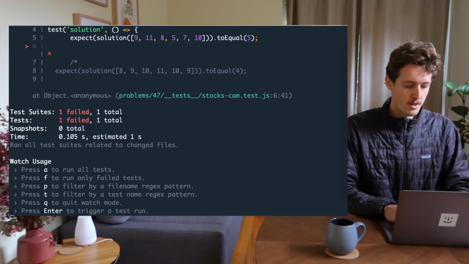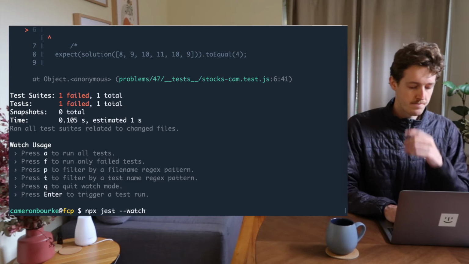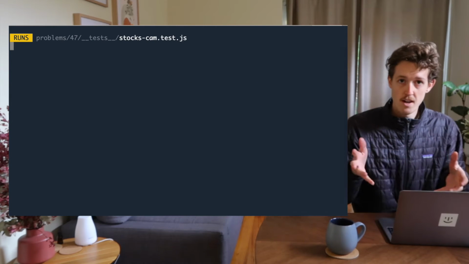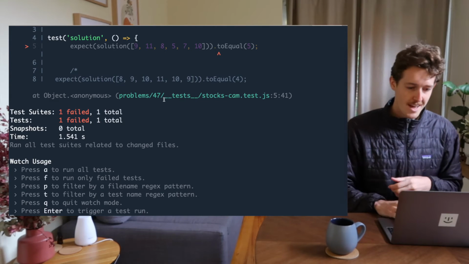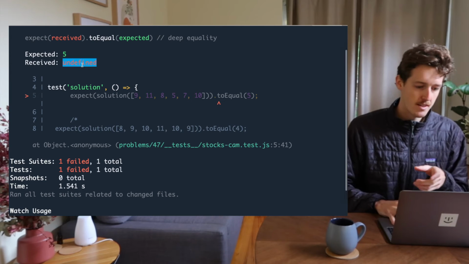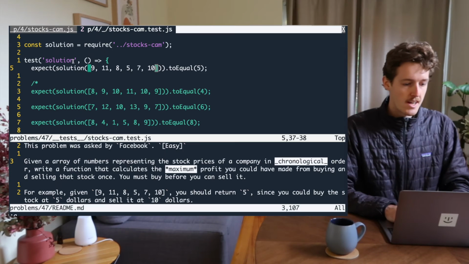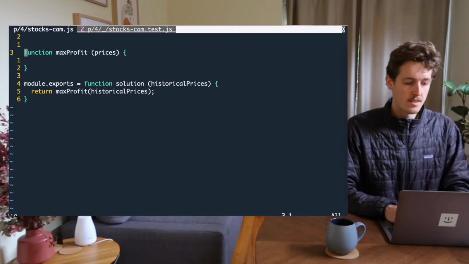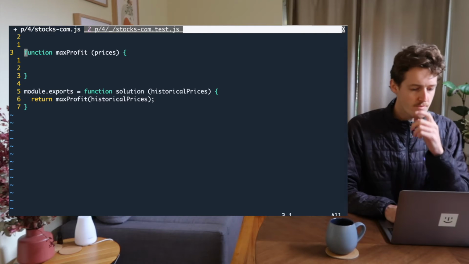Now if we run that, it should fail, right? That's what we want. Fingers crossed it fails, and yeah, sweet. Expected 5 to equal undefined, and it's undefined because I'm not returning anything here.